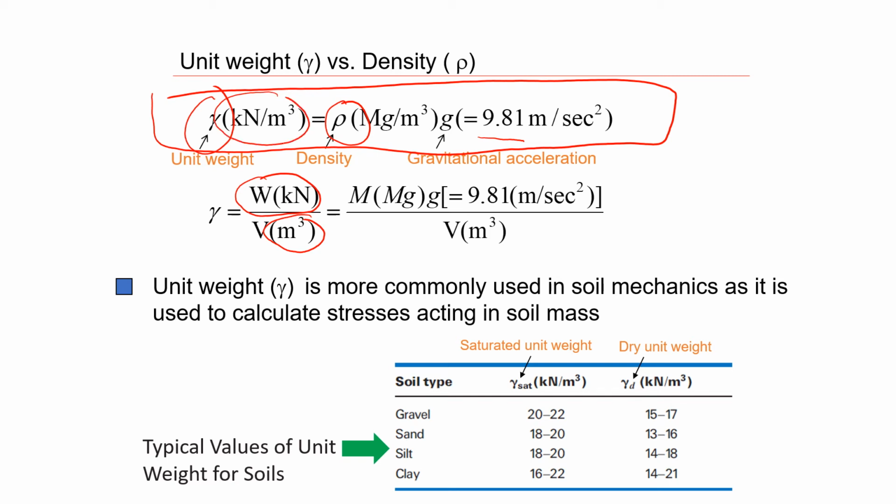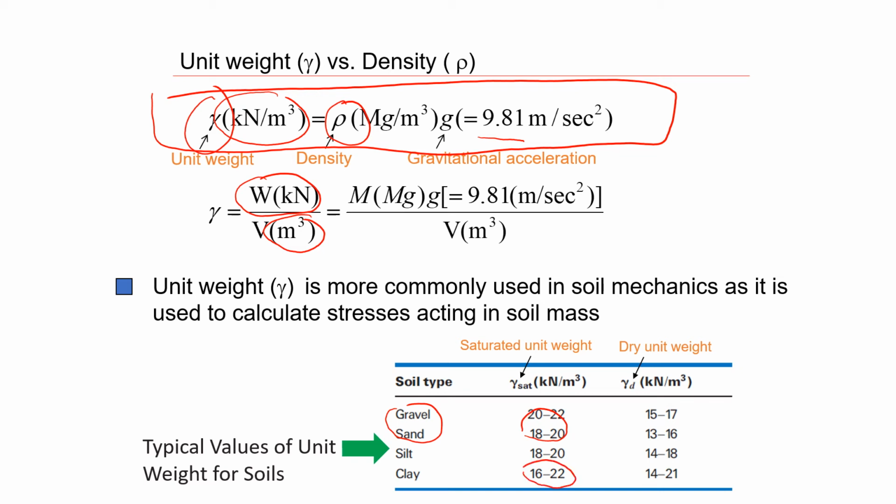To give you some examples of typical unit weights, you will see that for gravel and sand, unit weight of saturated soil will be in the range from 18 to around 20. It will be a little bit less for silt and clay.